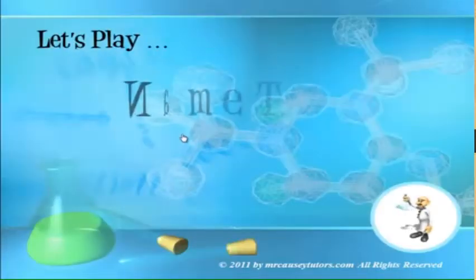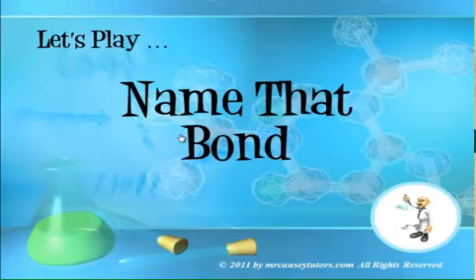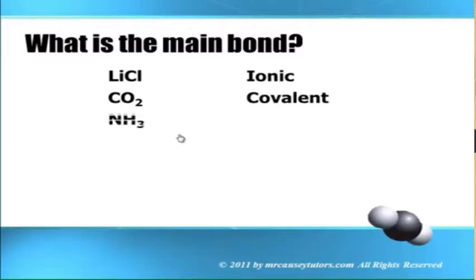All right, let's play Name That Bond. What is the main bond? In lithium chloride, ionic. Carbon dioxide, covalent. Ammonia, and that's called ammonia, not nitrogen trihydride. That's ammonia, covalent.